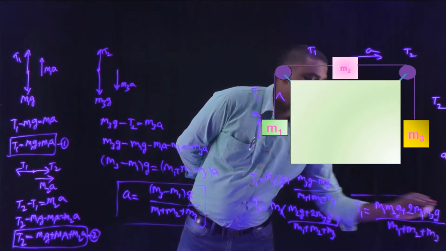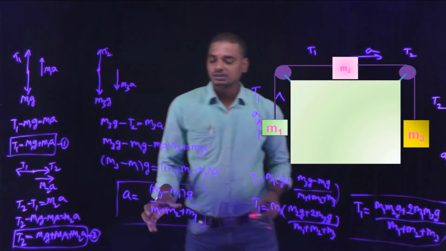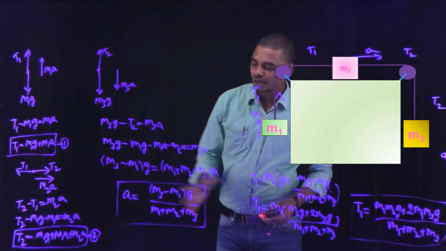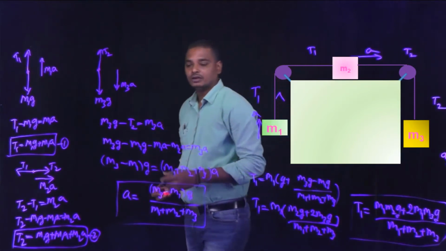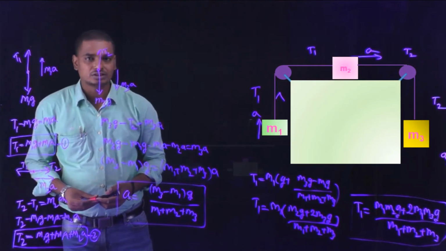This is the tension in the first string T1. Similarly, by substituting the value of A in the second equation, we can find the tension in the second string.